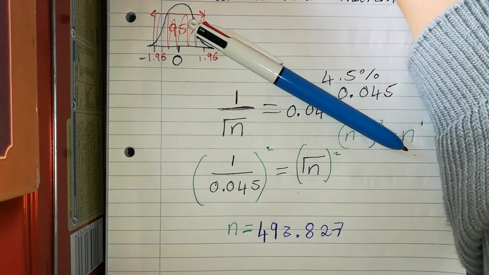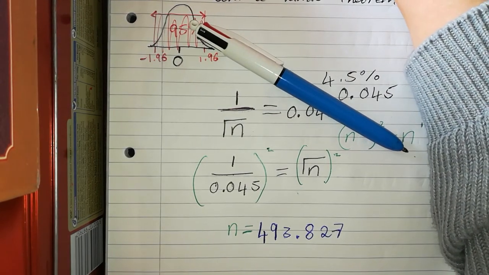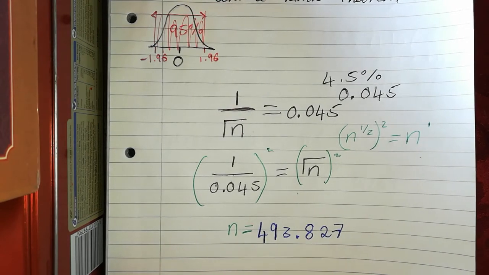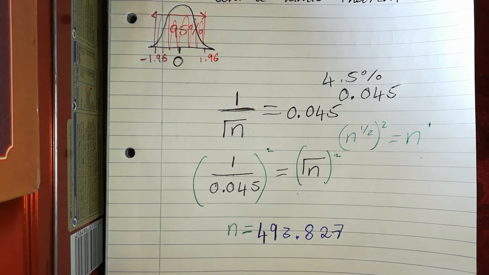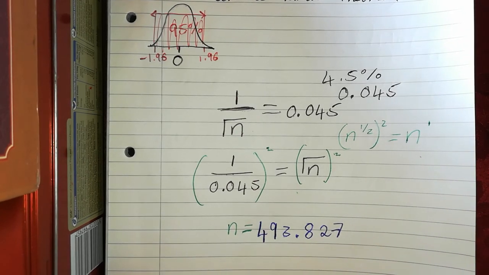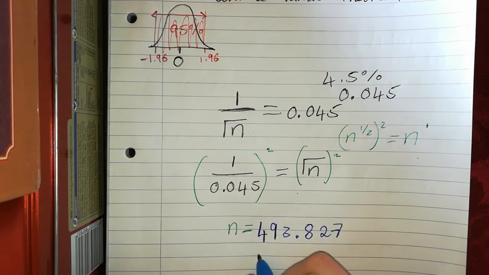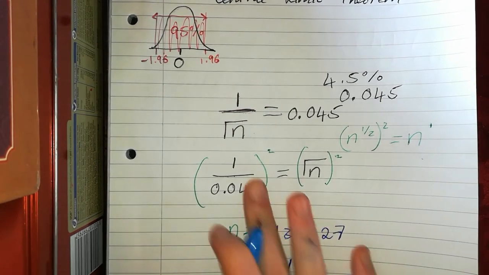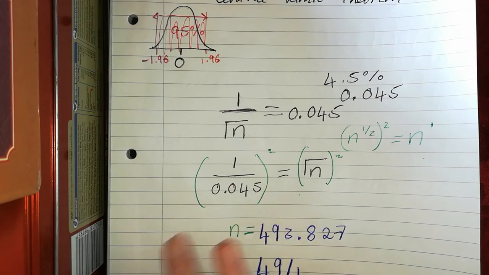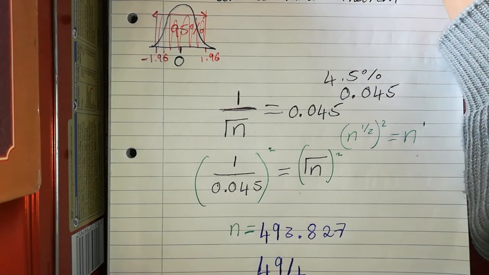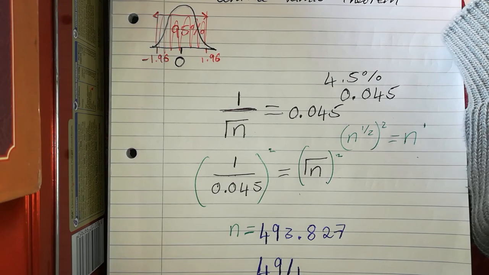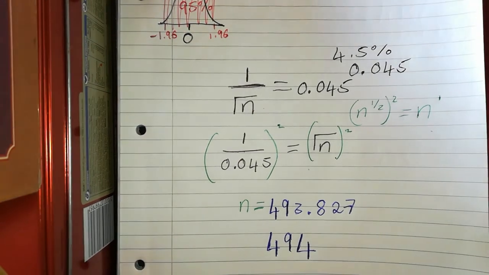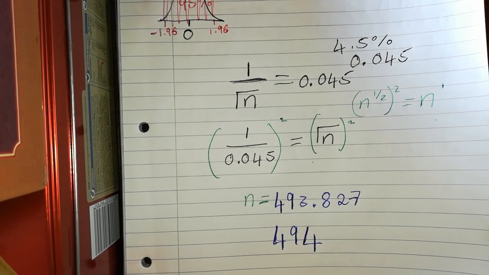So if I wanted the margin of error to be 4.5%, I'd have to get this many farmers. You can't have 0.827 of a farmer, so I'm going to round up to 494. So that will give us a margin of error of at least 4.5%. So that's how to find out how many people were surveyed from a given margin of error. And that is the end of that question, and I hope you found that helpful.